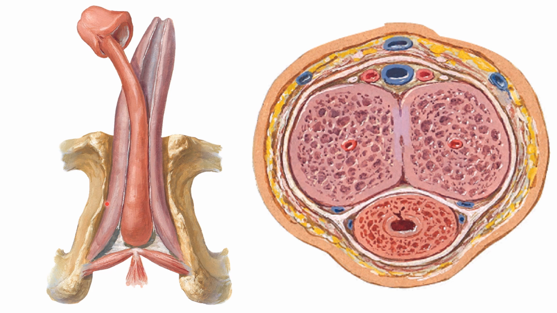We will get this view only after removal of the skin and superficial fascia of this area, and the superficial fascia of this area is termed as the Colles fascia, which is the continuation of the membranous layer of the anterior abdominal wall. We have removed the skin and the Colles fascia. Now we can see these contents in this space, and this space is actually the superficial perineal pouch.